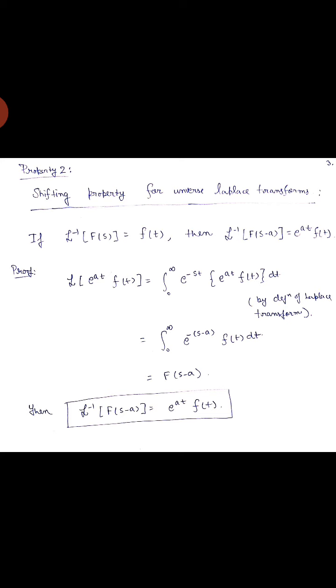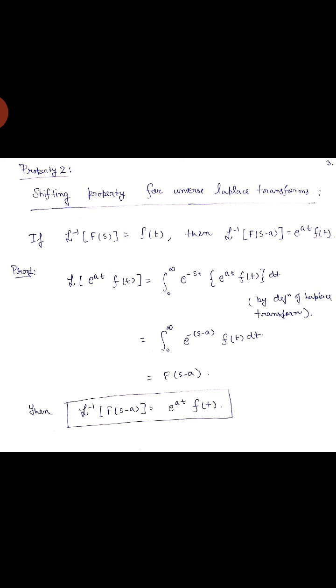We will start by finding the Laplace transform of the function e raised to the power at times f(t). By the definition of the Laplace transform, it can be written as the integral from 0 to infinity of e raised to the power minus st, and inside the bracket we have e raised to the power at times f(t), integrated with respect to t. We are just using the definition of the Laplace transform here.